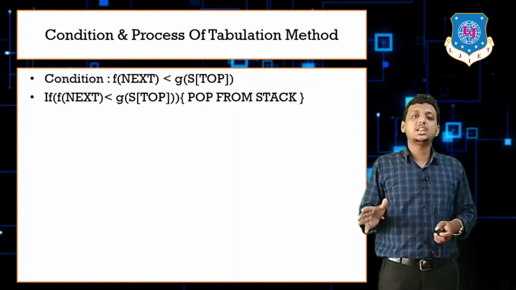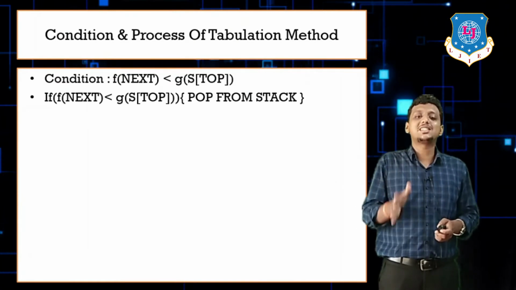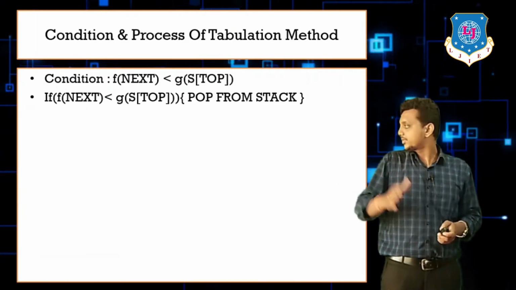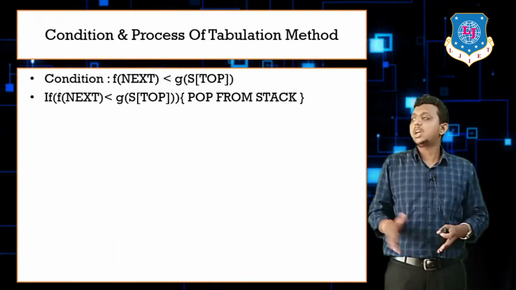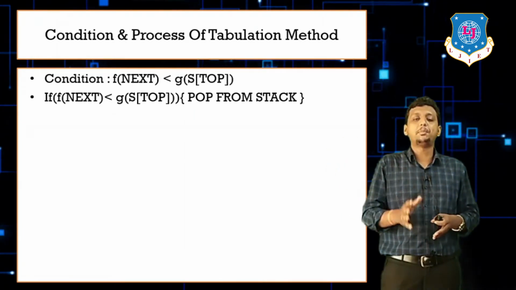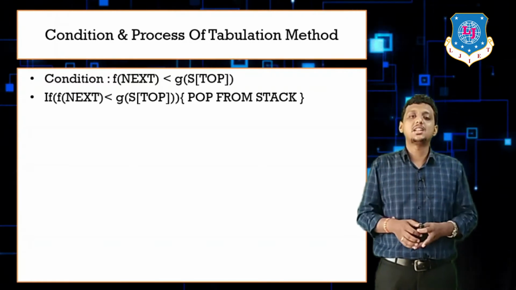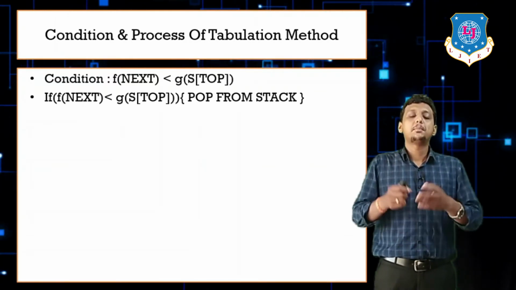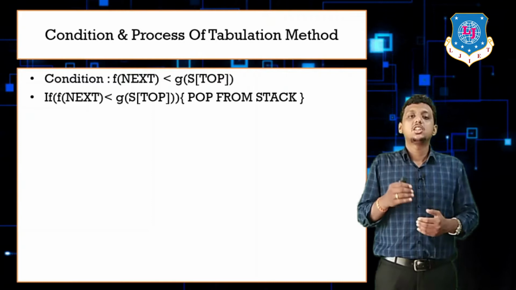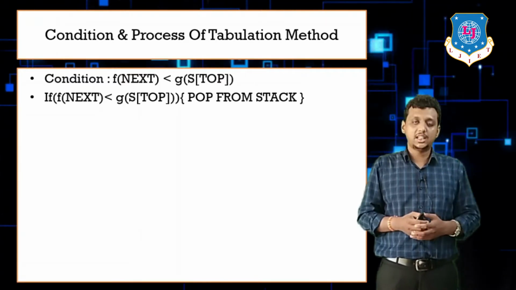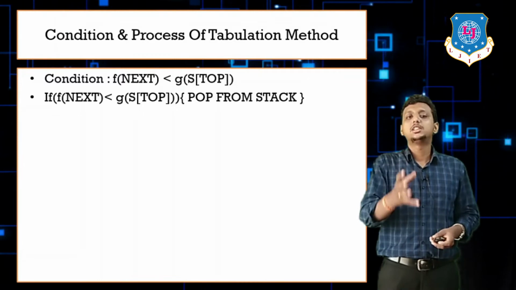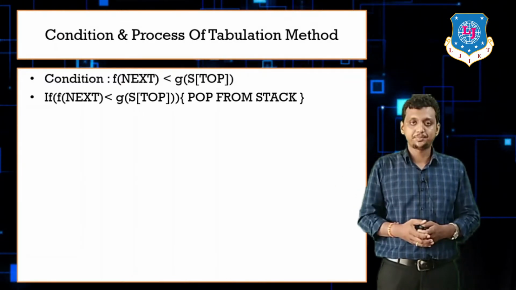And if the character or symbol is inside the stack column, then the precedence is different. So that's why we have two different functions: f and g. f is for the precedence in the character scan column, and g shows the precedence inside the stack column.